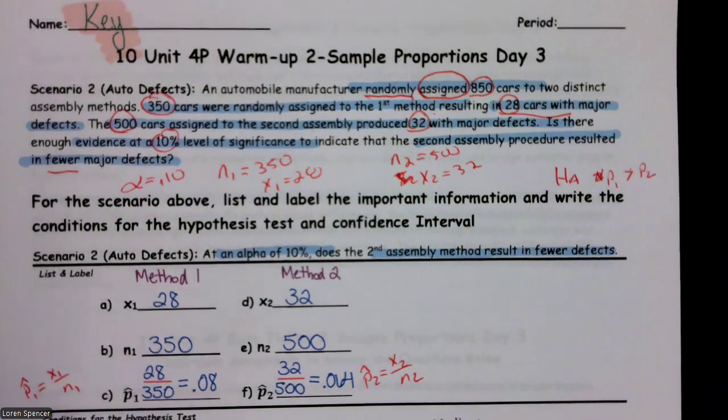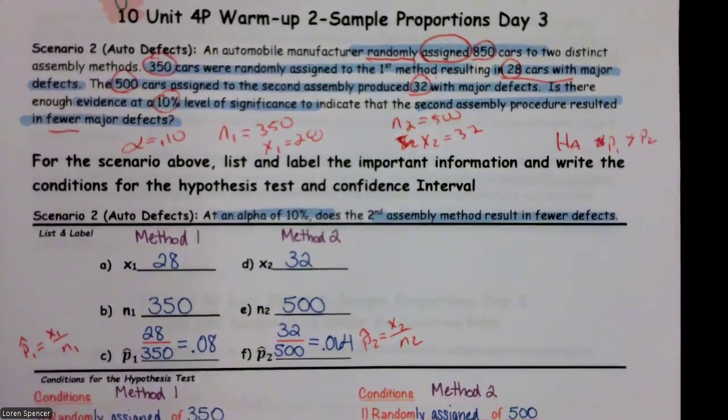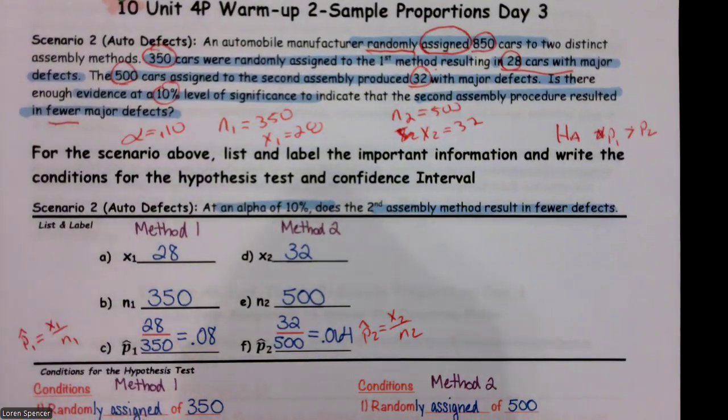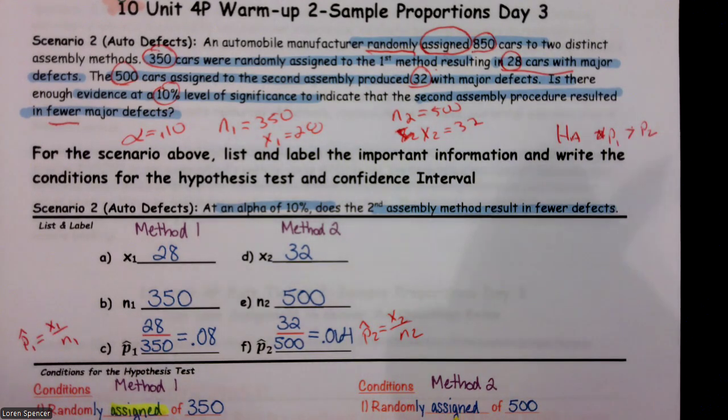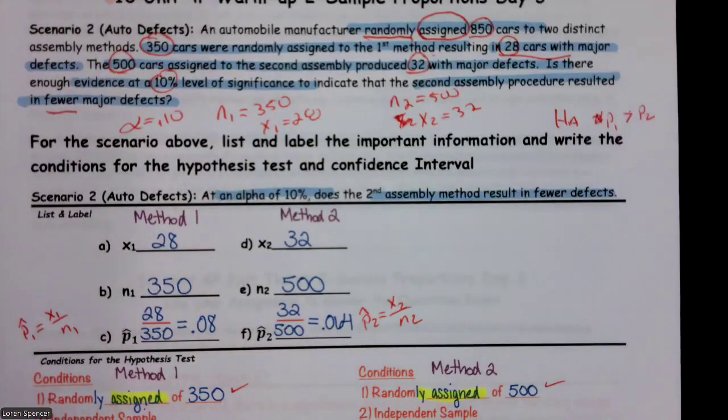All right, conditions. The first condition, randomly assigned. Really important. You need to say random assignment or randomly assigned. Either one is fine. And we randomly assigned 350. That means we have two independent samples, so we're good to go with the independence part.